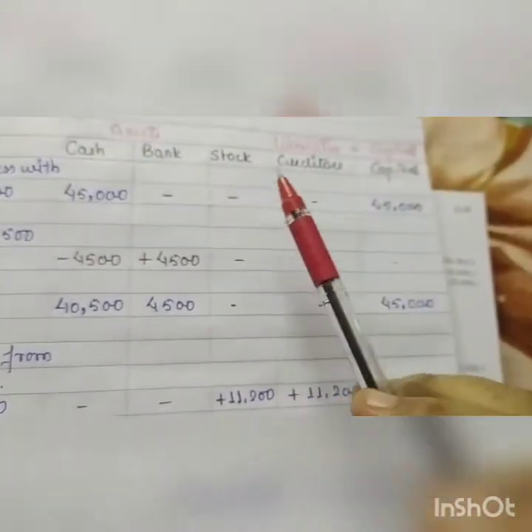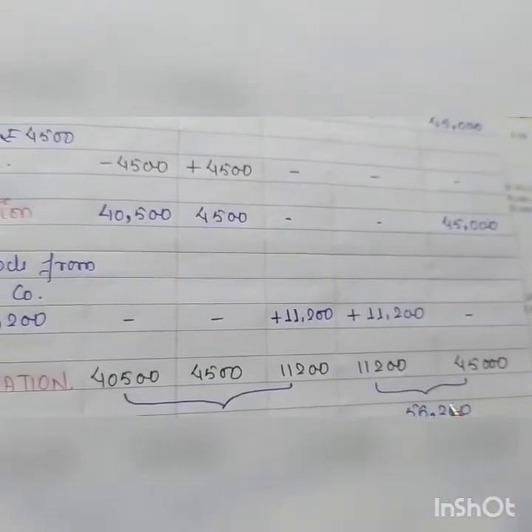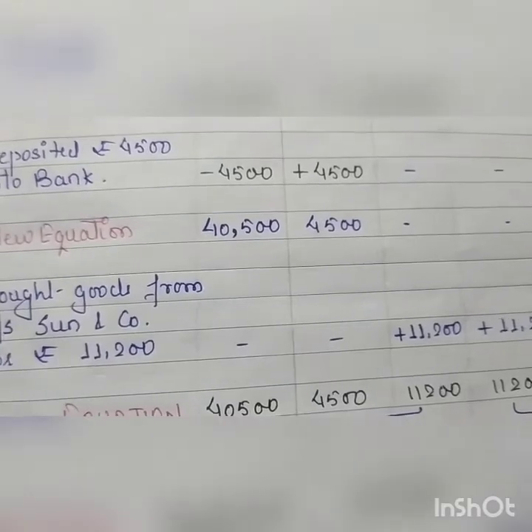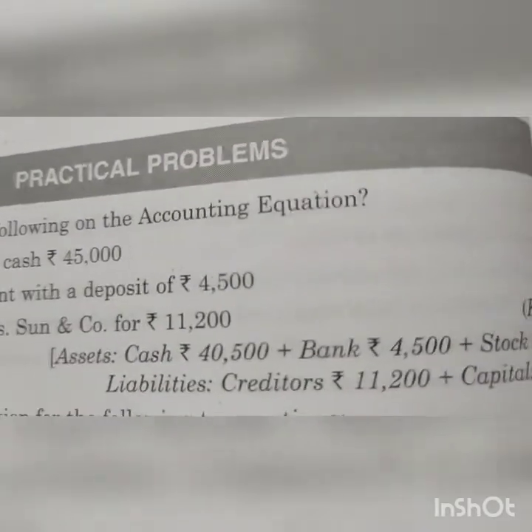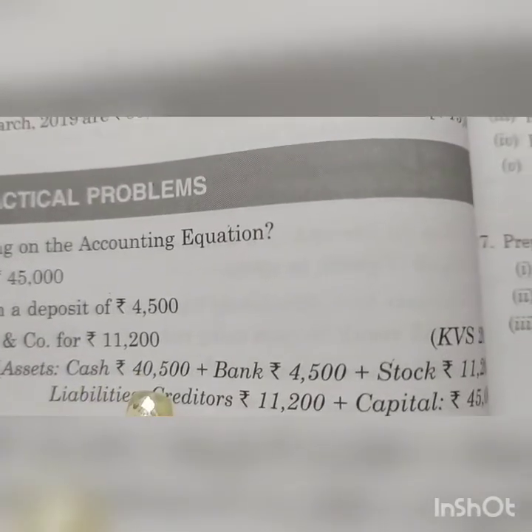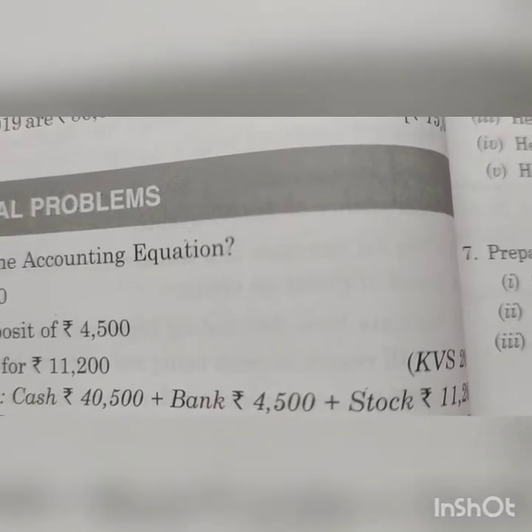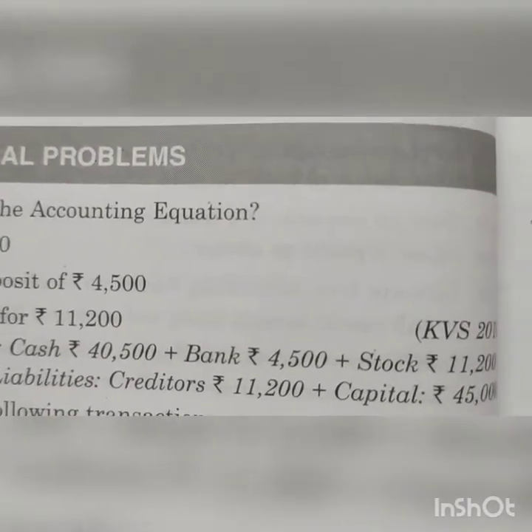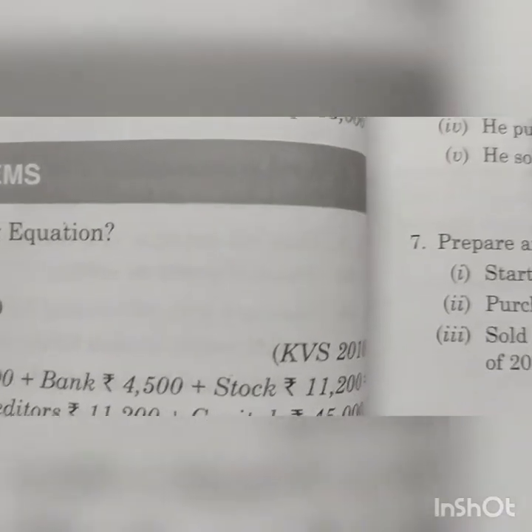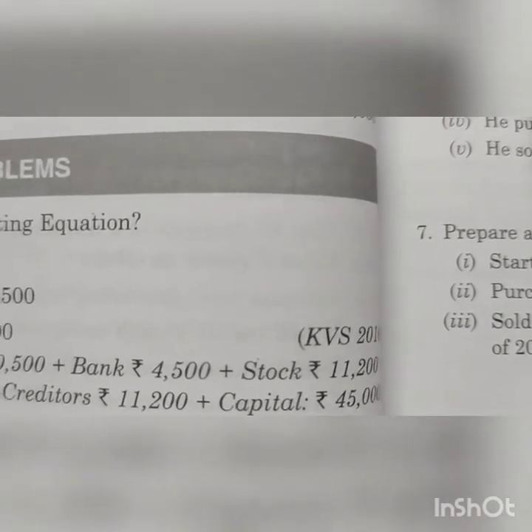Same we have on the other side, 56,200. Here you can see cash balance 40,500, bank 4,500, stock 11,200, creditors 11,200, capital 45,000.